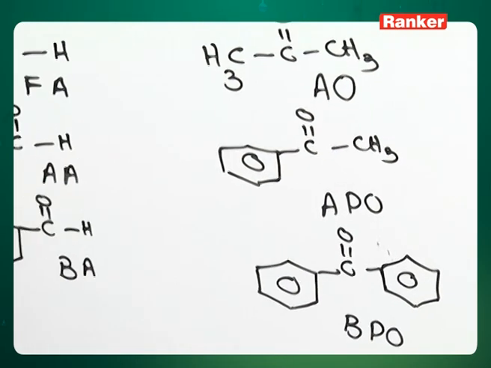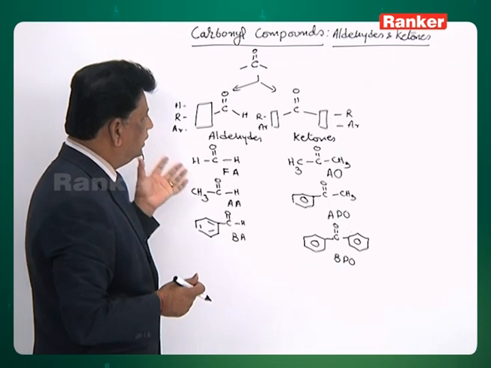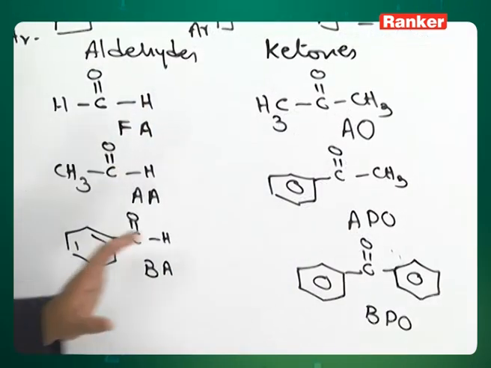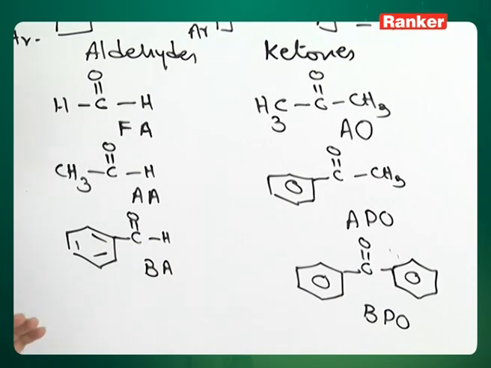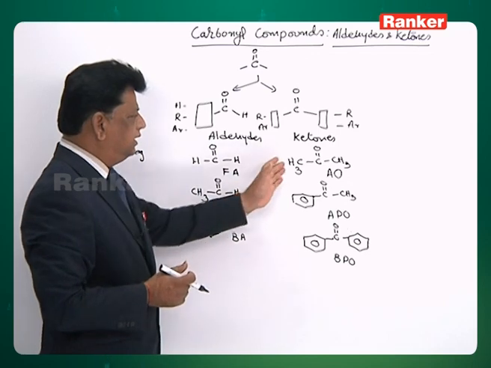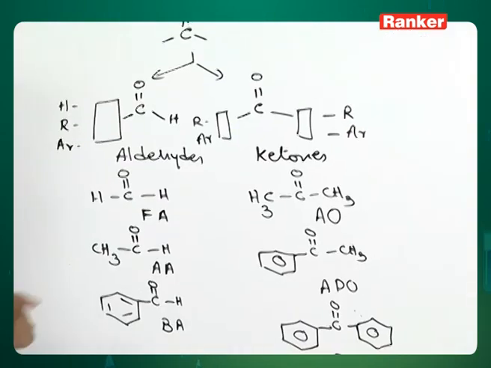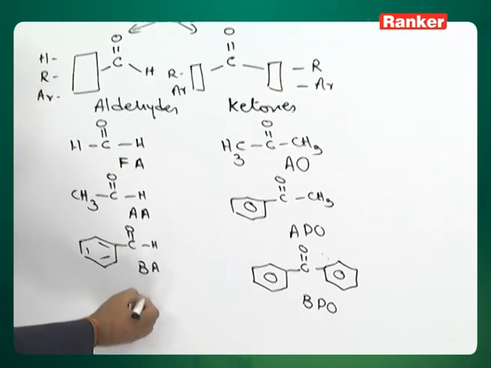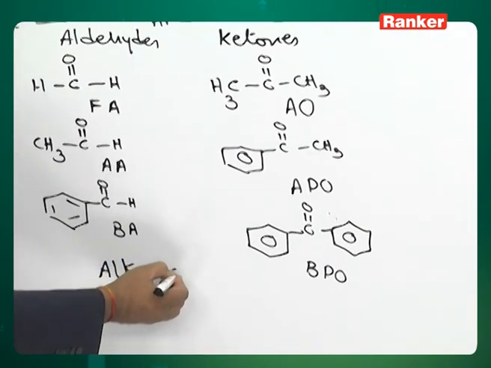Taking these six compounds, you can have the total study of representative aldehydes and ketones. Taking these, the entire study can be completed. However, systematically the aldehydes are called alkanal.